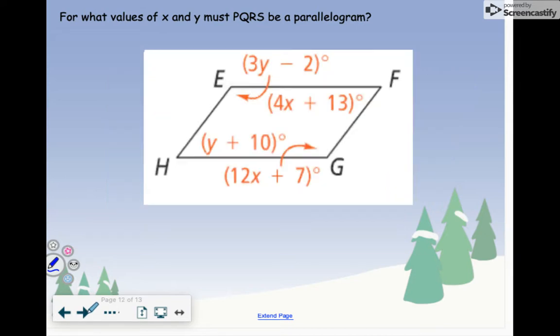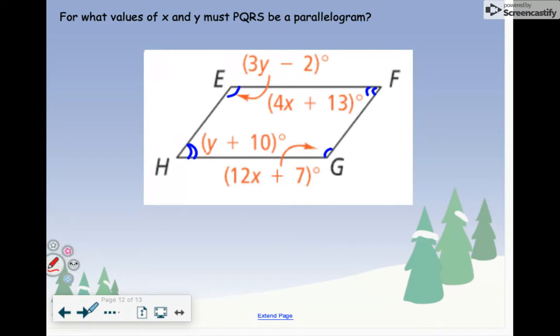So last one here, we have these angles. We're trying to figure out how we can get an answer here. So you're going to want to start with either your y's or your x's. We want to solve for one of those variables first. I'm just going to start with the y's.